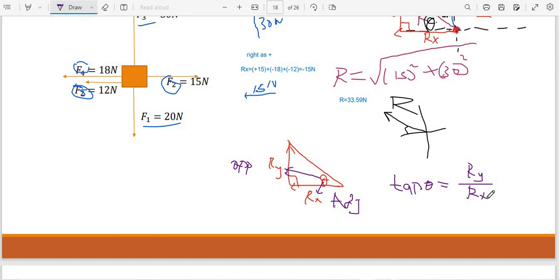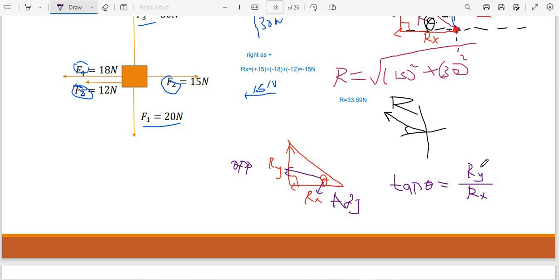So I am taking this from a mathematical perspective. The fact that when we find the angle theta, we are looking at the length of the side Ry and the length of the side Rx. Some people are comfortable taking into account the directions. If you like, you can do that as well.